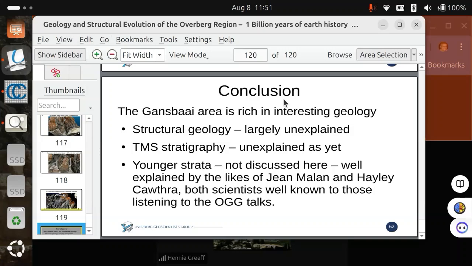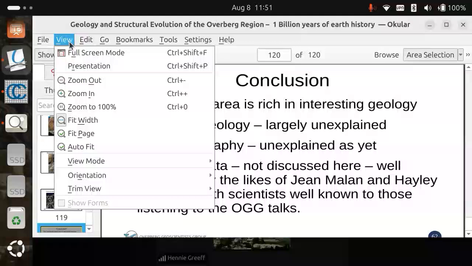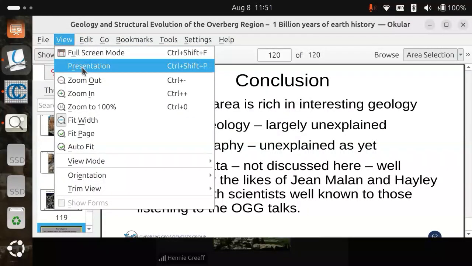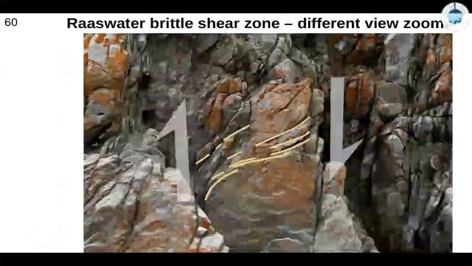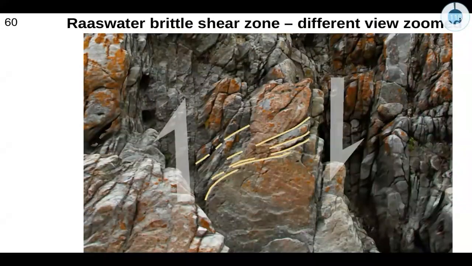Okay. Good. View presentation. There. In this case, I have shearing with flat dipping extension fractures. Just forget for a moment about the curvature, but that's essentially the way these flat dipping extension fractures happen.